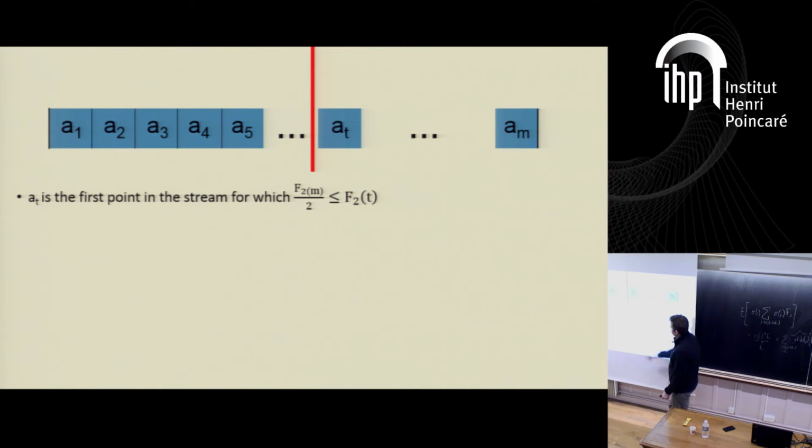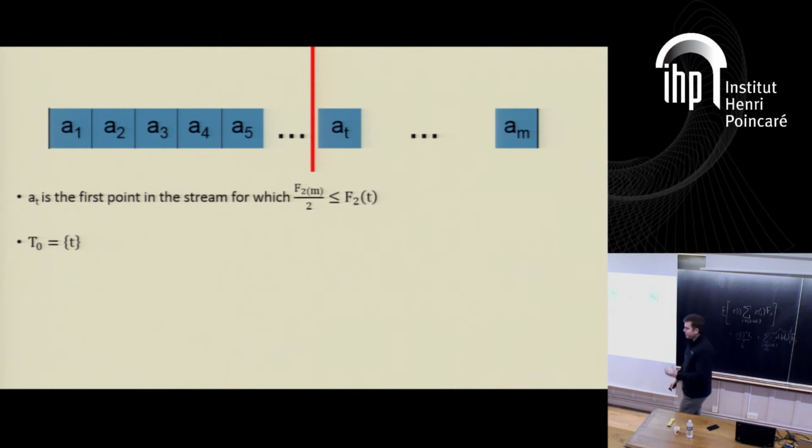So here's our stream of items. At the end, there's an f2 of m, I have m stream updates, f2 of m. Let a sub t be the first point in the stream, that update, for which the f2 value at time t is at least f2 of m over 2. The first time for which it becomes at least half of the overall f2 value.